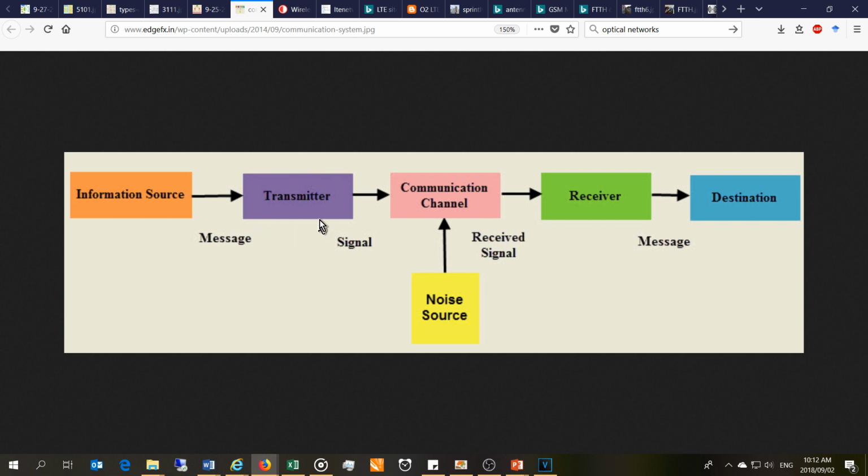We need some sort of amplifier or transmitting circuit in order to prepare these bits for the media being used. If we're using optical, we'll need an optical coupler in order to get the bits converted to light and transmitted on the channel. So we need transmitting and receiving equipment or circuitry. We're talking about the electronics here.